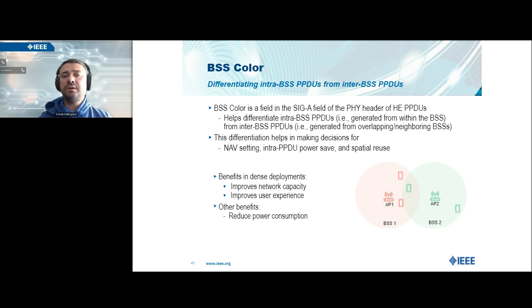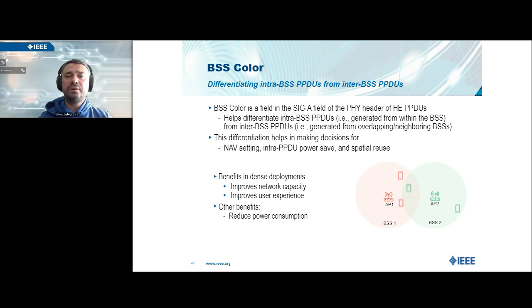So every time that you see a PPDU that has BSS color 2, you would know that that particular PPDU is not generated by your own AP or by stations that are affiliated to your own AP. So the benefit of this BSS color information is that it helps the receiving station making decisions for NAV setting, intra-PPDU power save, and spatial reuse.